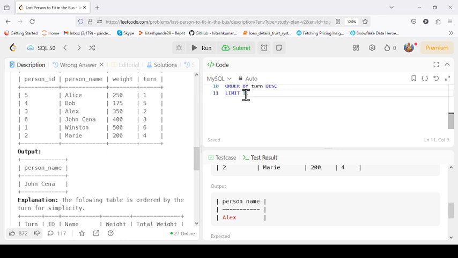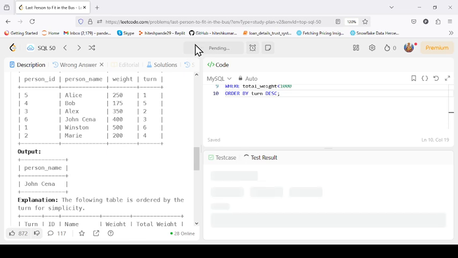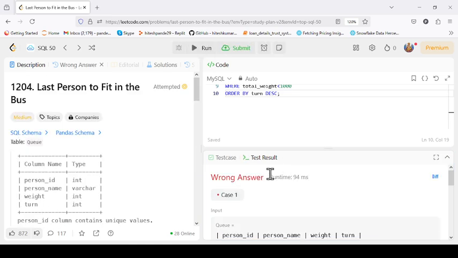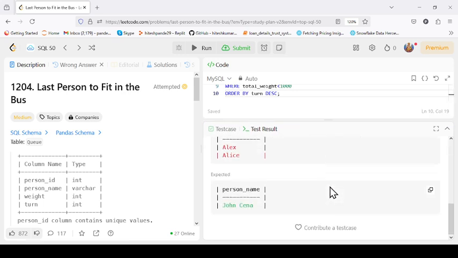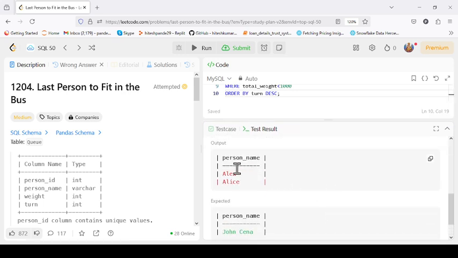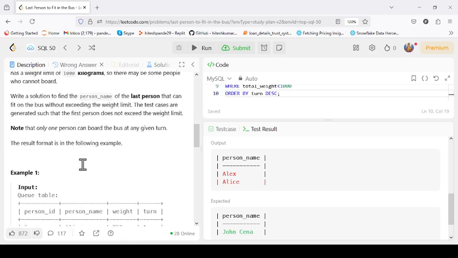Okay, let's see what we get after deleting the limit keyword. We are getting Alex and Alice.